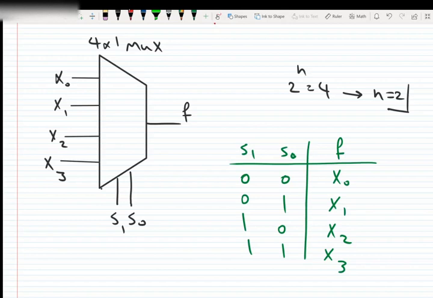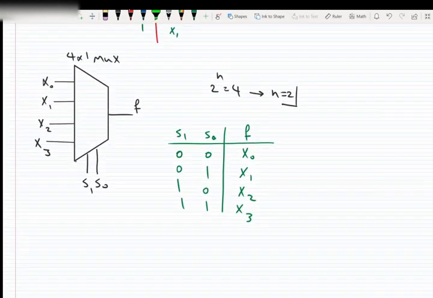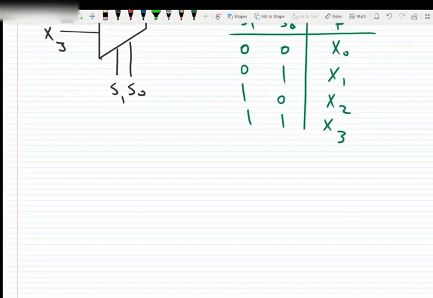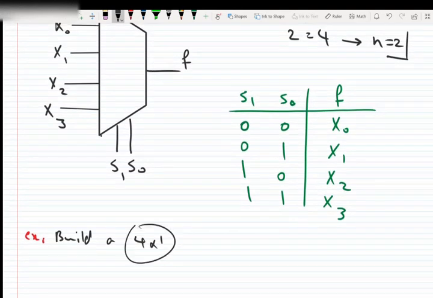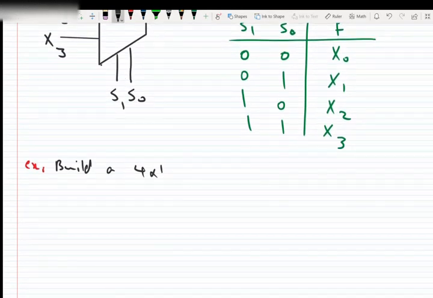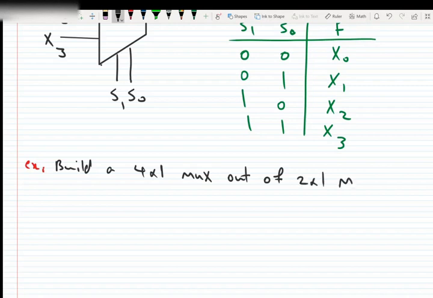Now let's do one example. In this example, we want to build a 4 by 1 multiplexer out of 2 by 1 multiplexers.